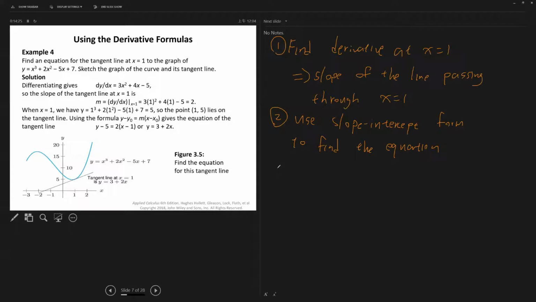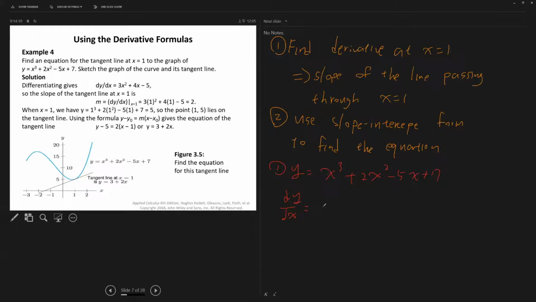All right, so first part, let's find the derivative. So y is equal to x cubed plus 2x squared minus 5x plus 7. So dy dx, you just need to take the derivative of each term separately, and hopefully now you have a really good idea of what to do.